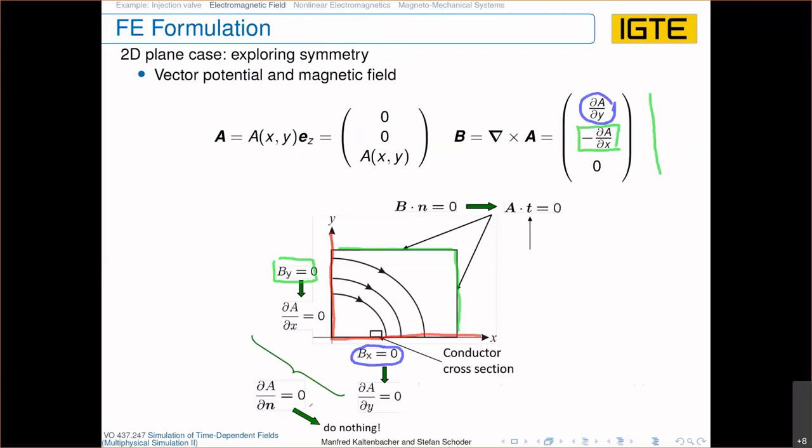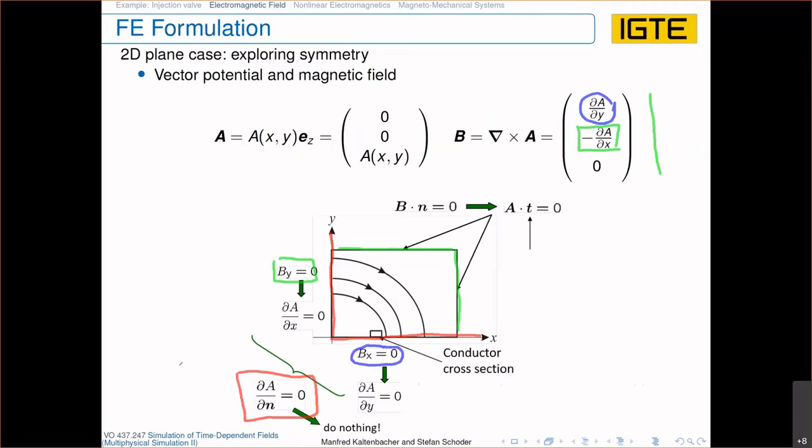When we combine it, we can in general write it as follows: the normal derivative of the z component of the magnetic vector potential should be 0, because along this boundary the normal vector is the unit vector in x direction, and along the other boundary the normal vector is the unit vector in y direction.